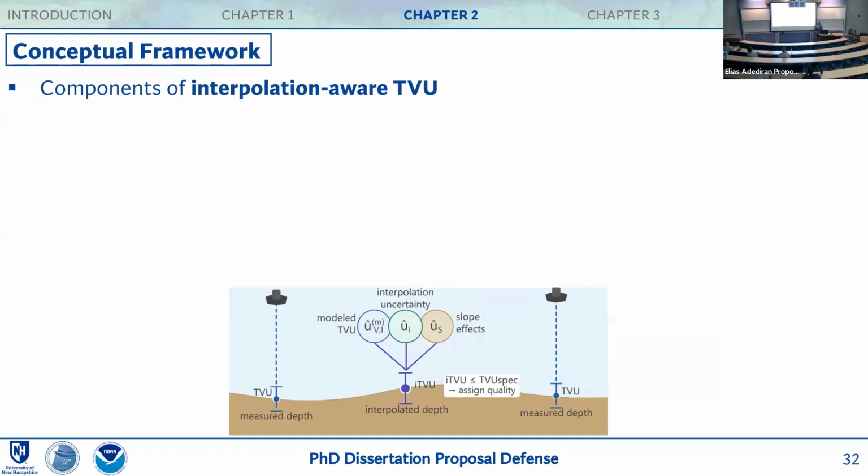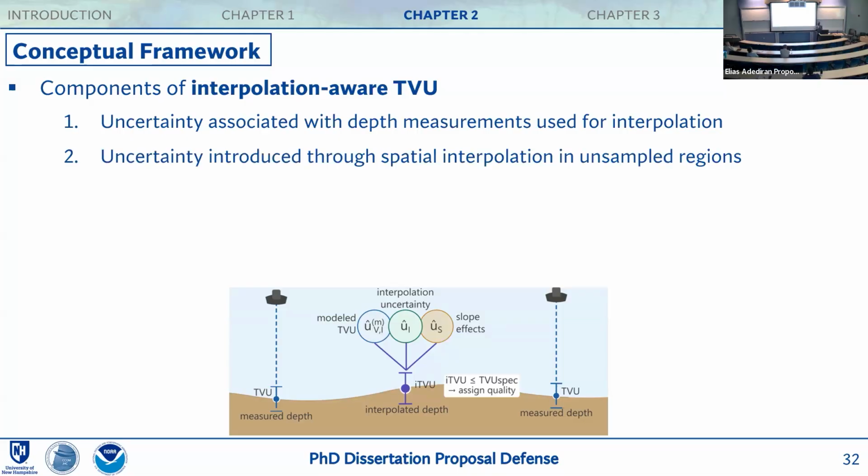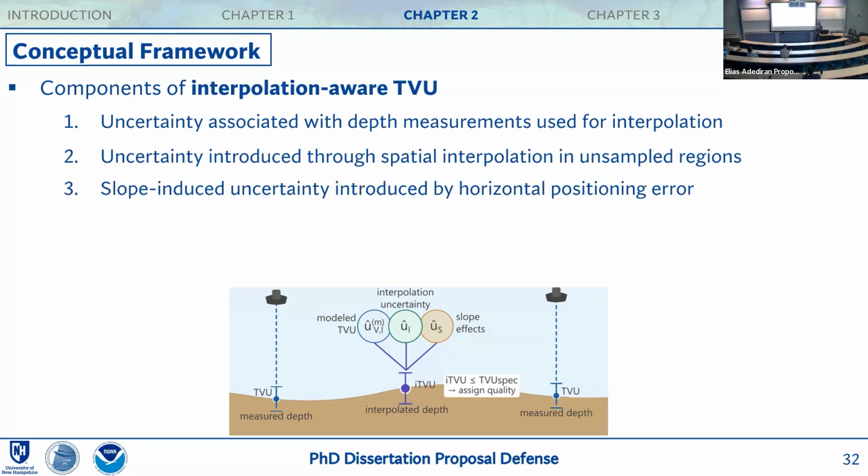So the conceptual framework, the main idea for this chapter, starts with the components that drive the interpolation-aware TVU. The first is the uncertainty associated with the depth measurements that were used for interpolation itself. The second is the uncertainty introduced through the interpolation process, which is what chapter 1 was all about.